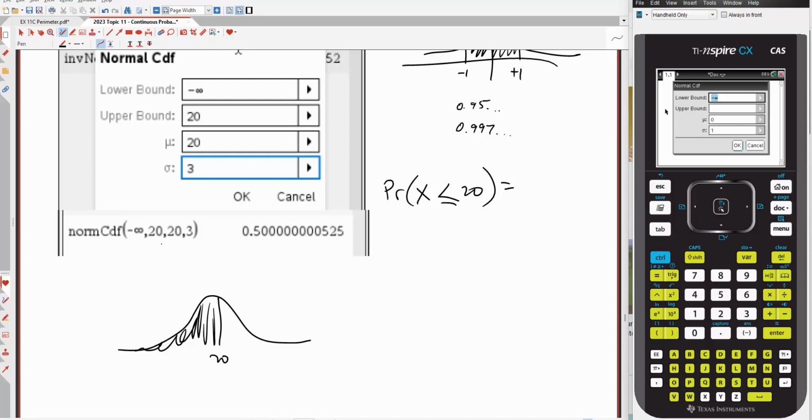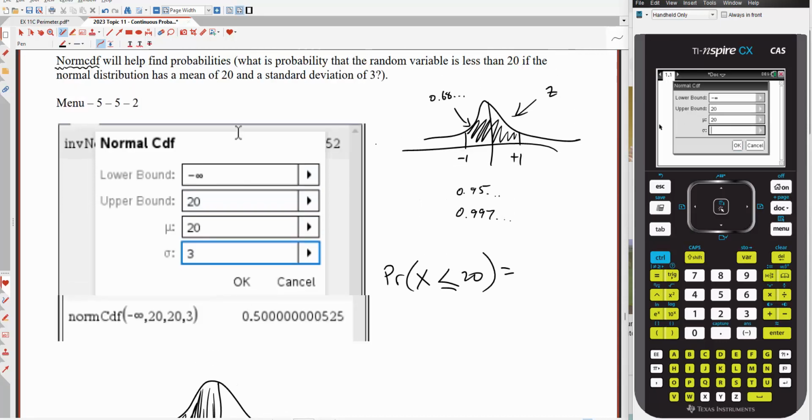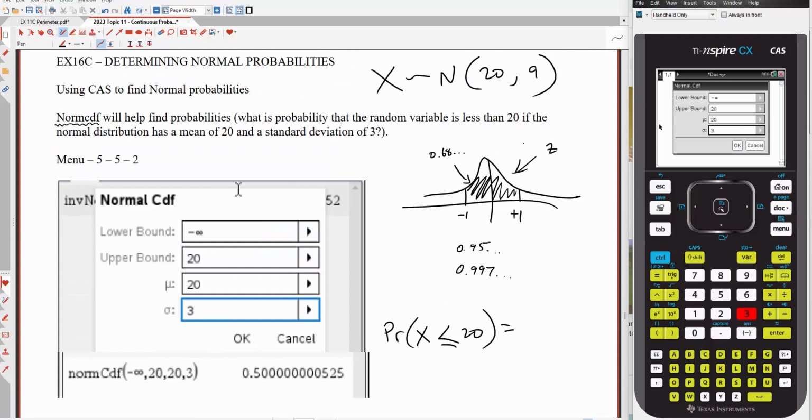So we start at -infinity, and we stop at 20, that's the upper bound. Basically we're integrating on a transformed Z distribution between -infinity and 20. We plug in the mean, which was 20, and the standard deviation, which was 3. We hit OK on that, and there we go.